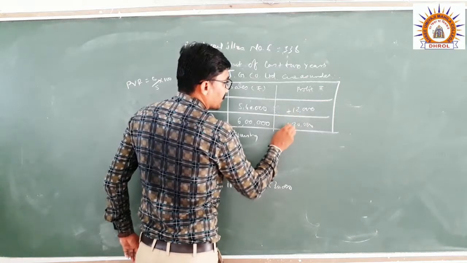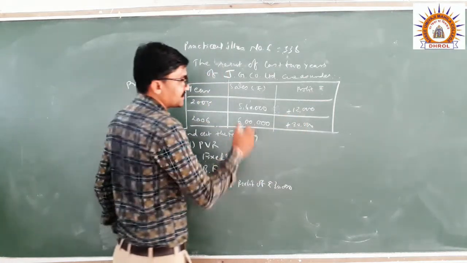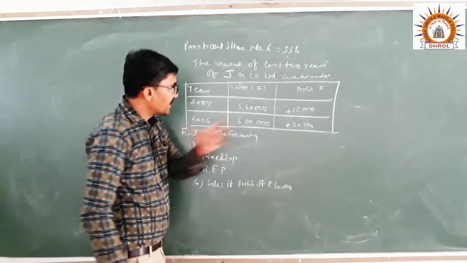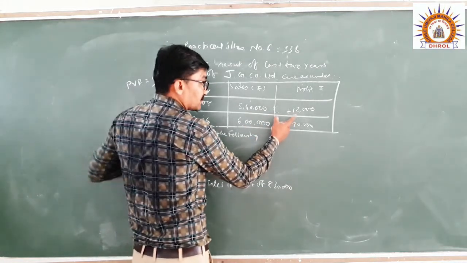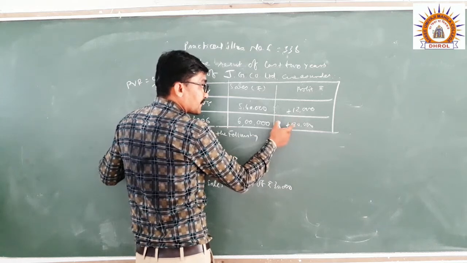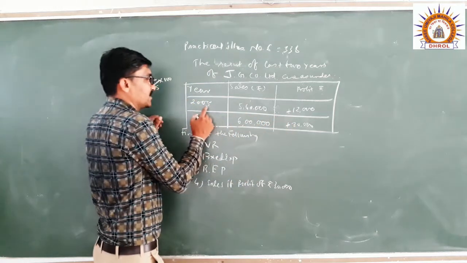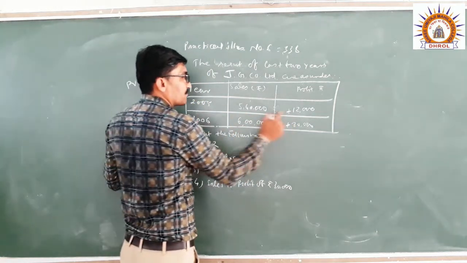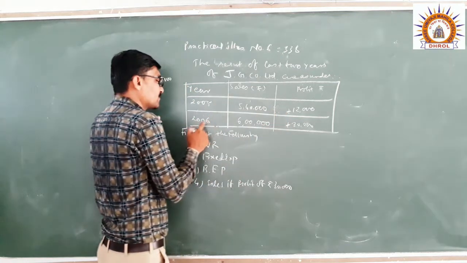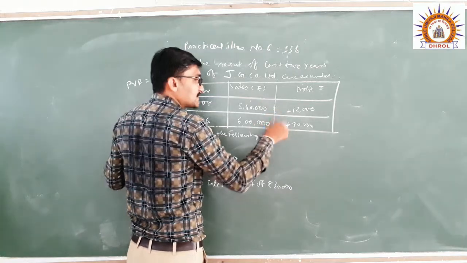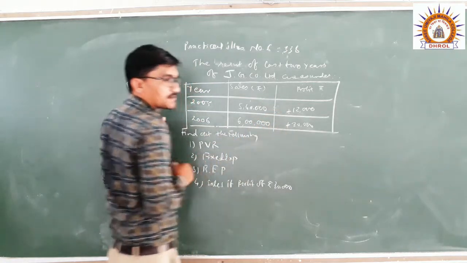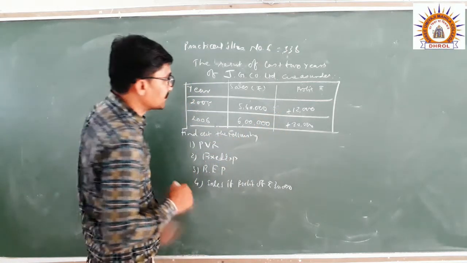A plus sign indicates profit, and a minus sign indicates loss. If, say, in 2005 the company earned profit and in 2006 the company suffered losses, it may be, then there will be a negative sign.